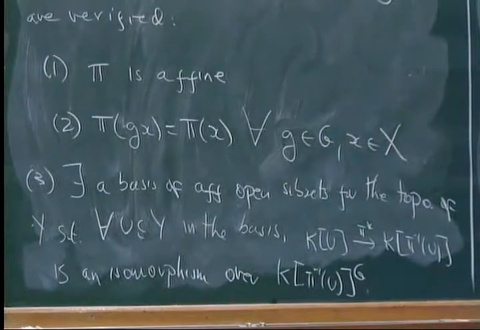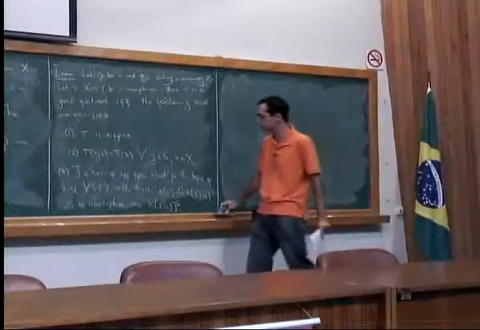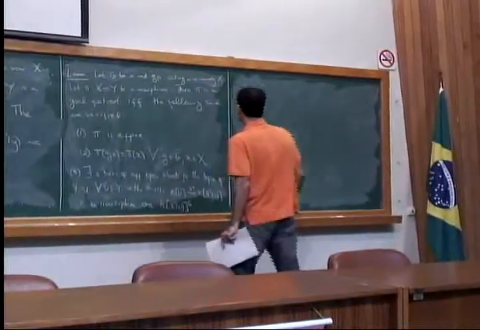So you don't need to check those intermediate conditions. They come for free.